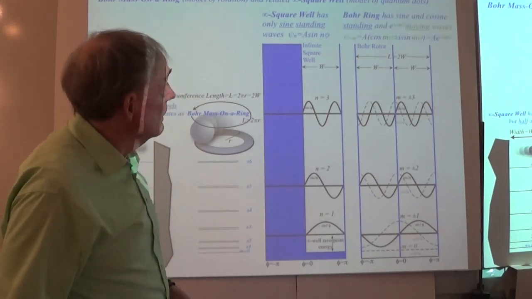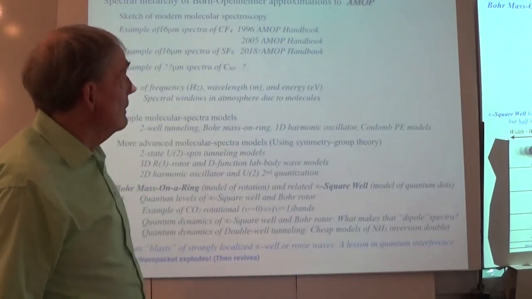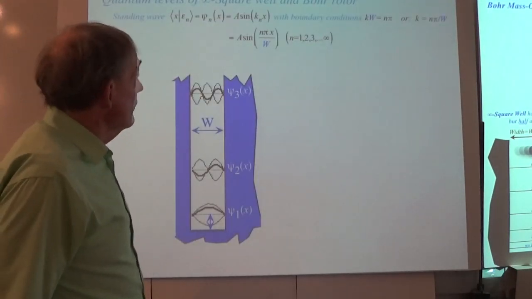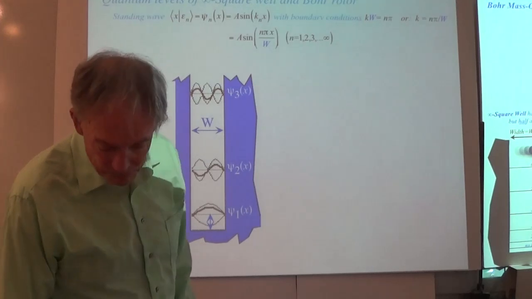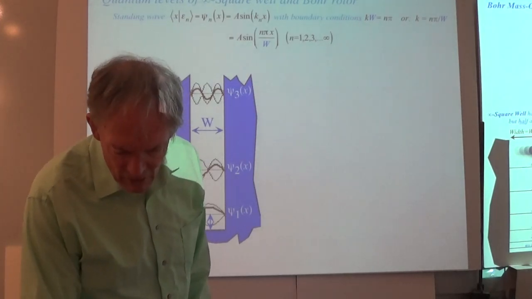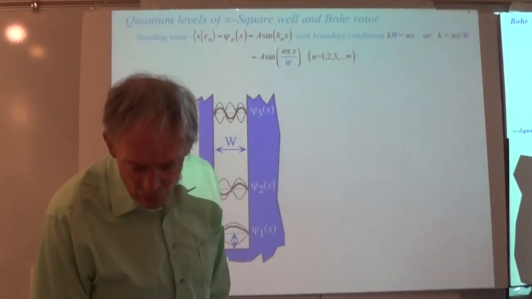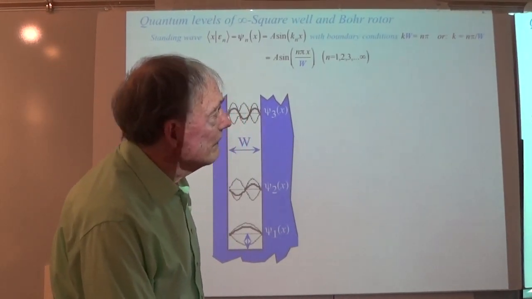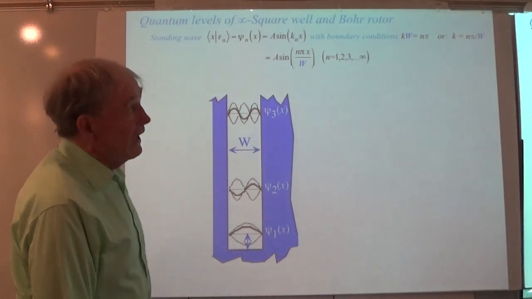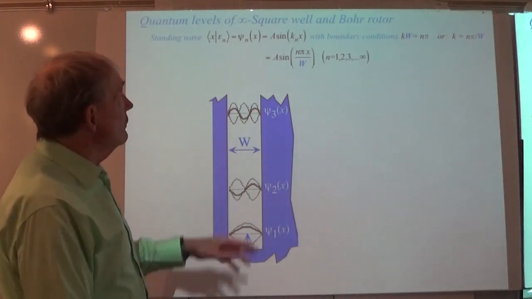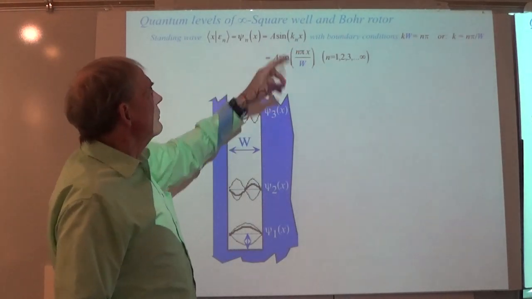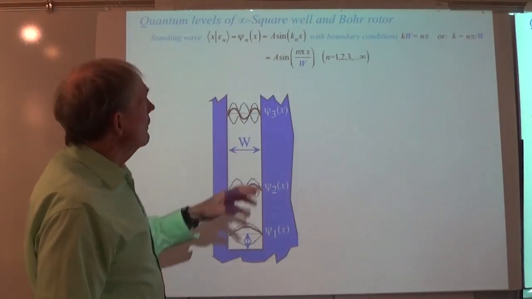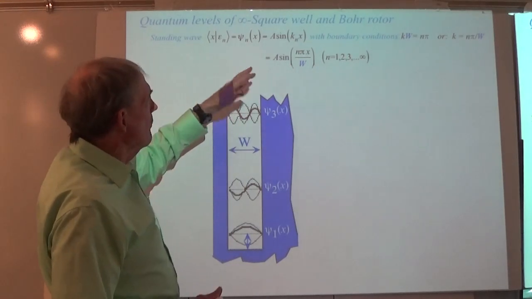Let me get this one lined up here where I point out that business about the complex wave. So let's look at the prism here. What I'm going to do is go real quickly through this, and I'm going to do the same thing on this here. Just write down what the solutions are. The solutions are sine waves with a certain amplitude, which we can adjust to get what we call orthonormalization.